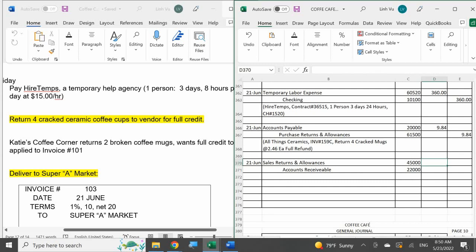We charged $2 something per cup. No. Invoice 101.